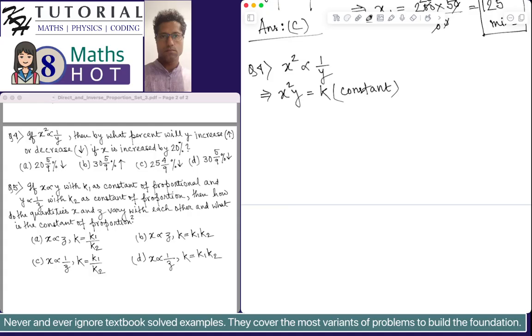So x square y is a constant, and we are assuming that constant to be k. So we have x square y equal to k, where y is the value of the quantity y and x square is the value of the quantity x. Now it is asking by what percent will y increase or decrease if x is increased by 20%.